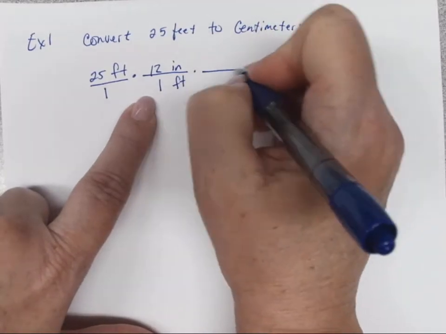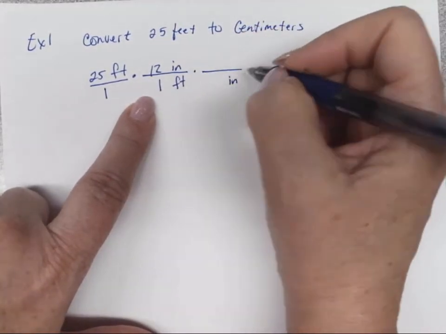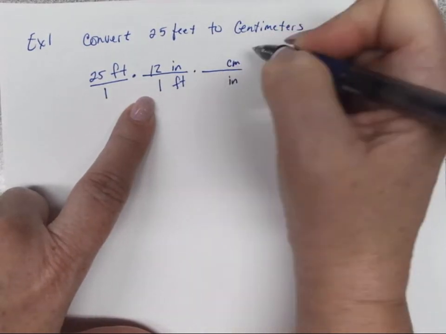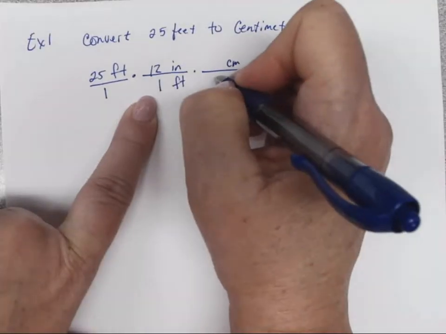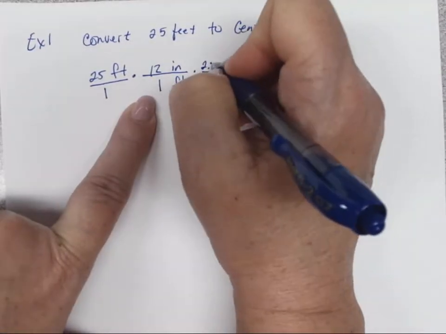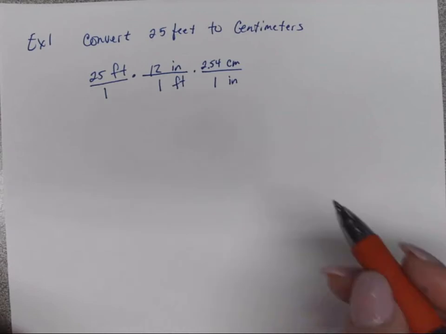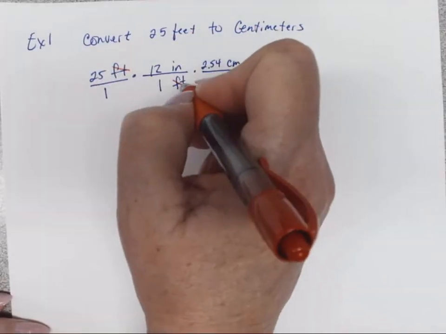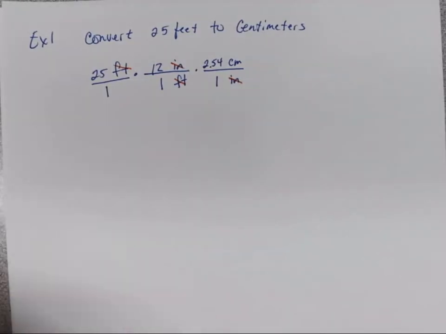And then I can go from inches, and inches have to be on the bottom now, so it will cancel to centimeters. And I was told on our handout that for 1 inch, there are 2.54 centimeters. Now, what I want you to notice here is feet and inches then cancel, and we're left with the centimeters.